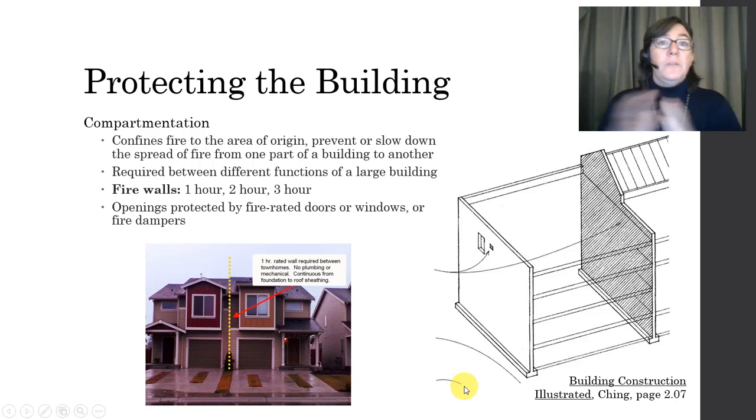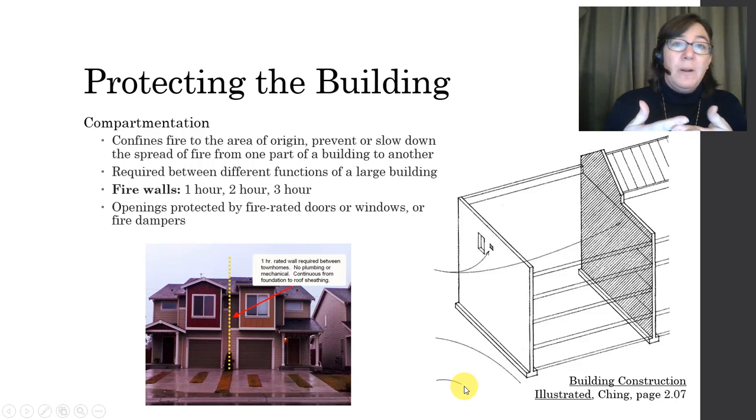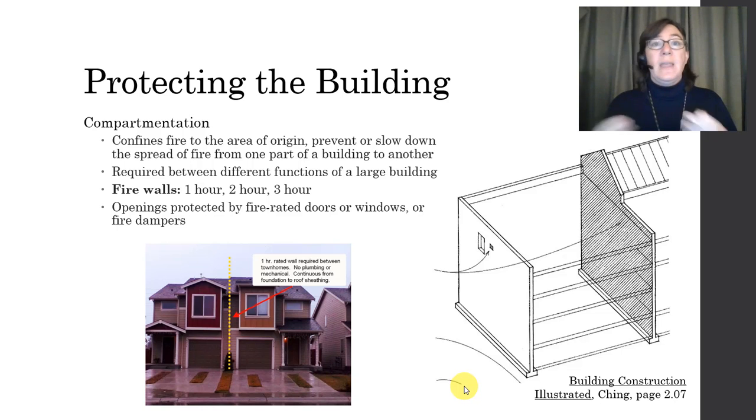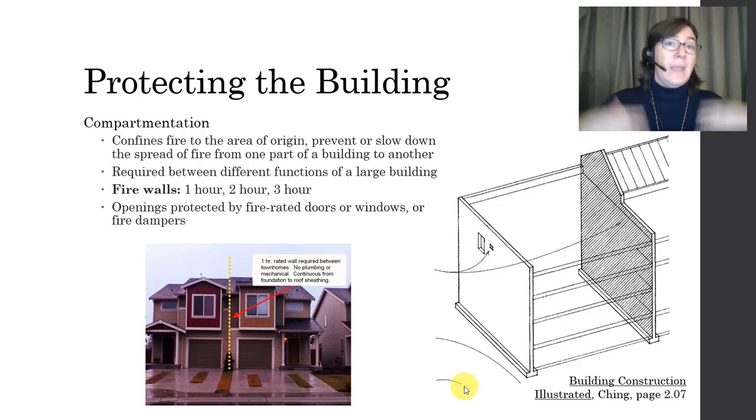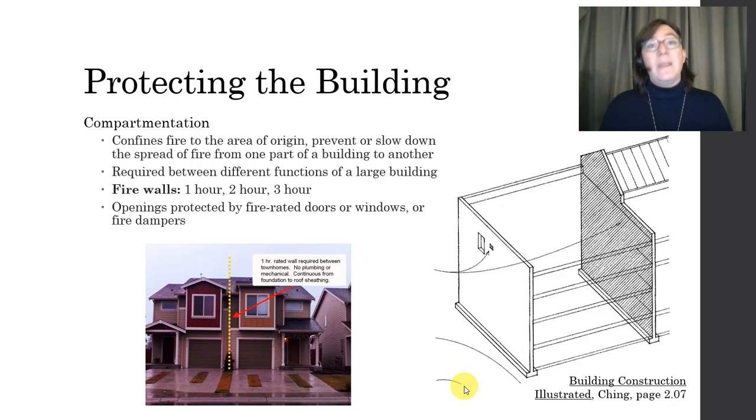So these fire walls you may have heard of, they come in different ratings, and they are named for how long it would take a fire to break through these firewalls: 1 hour, 2 hour, 3 hour. So again, we are slowing down the spread of fire from one area to another and allowing people time to safely exit and for the firefighters to get there and start fighting that fire.